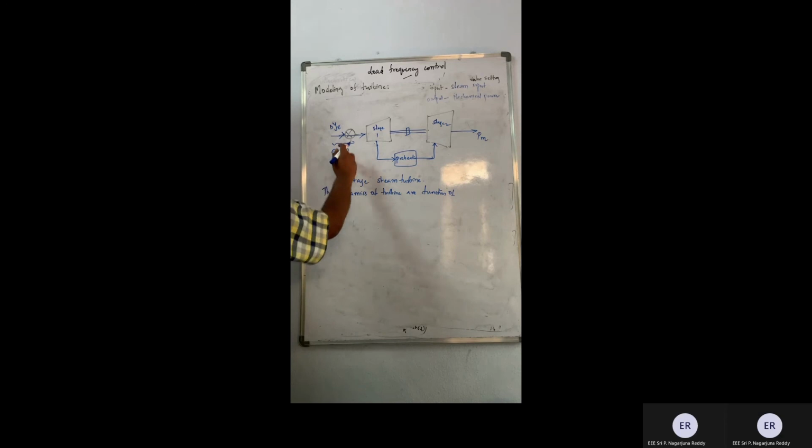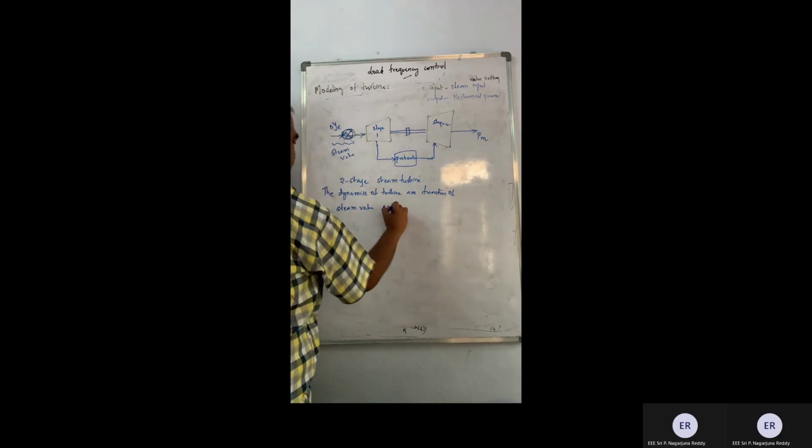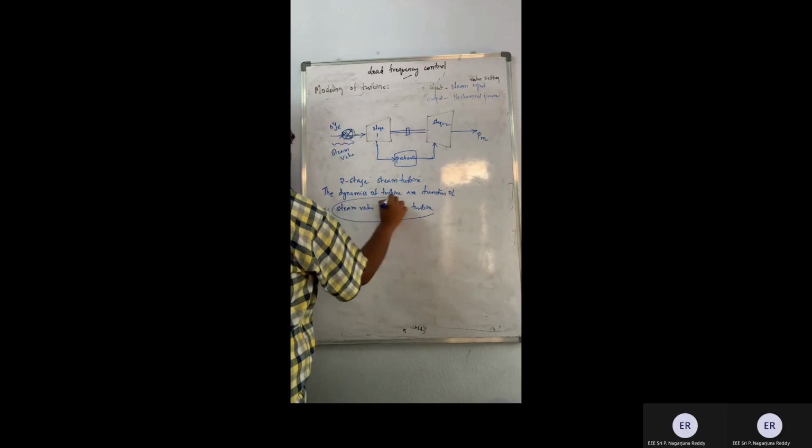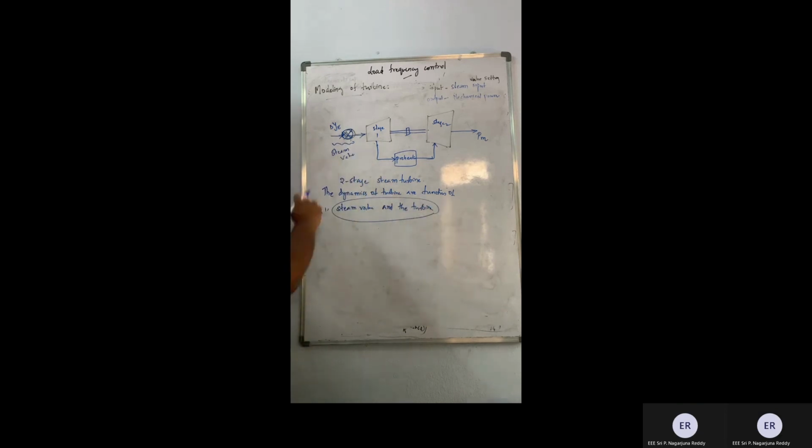This is the steam valve. So between the steam valve and the turbine, whatever the steam which is coming from the steam valve to the turbine is going to influence the dynamics of your turbine. The higher the steam input, the higher will be the mechanical power output.